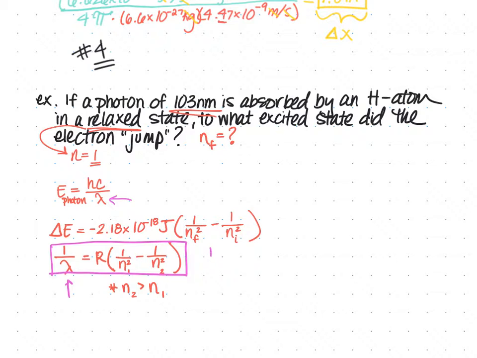So 1 over, now remember the Heisenberg constant is 1.097 times 10 to the 7 per meter. Since this is in units of meters, I need my wavelength to also be in meters.